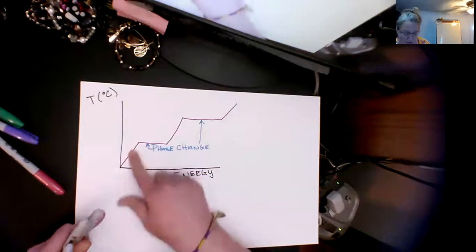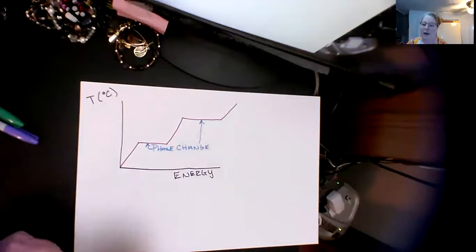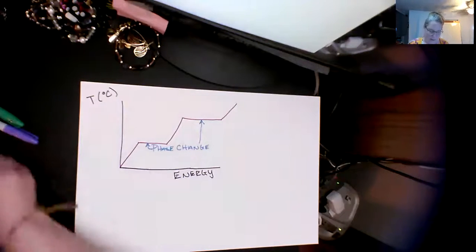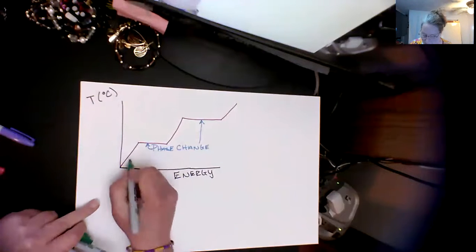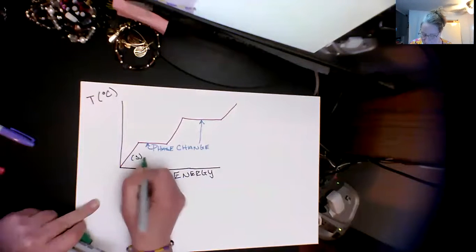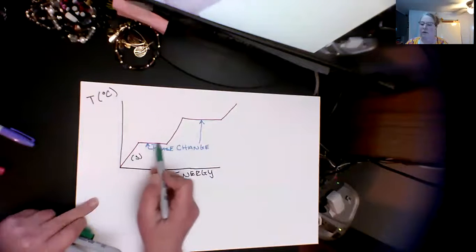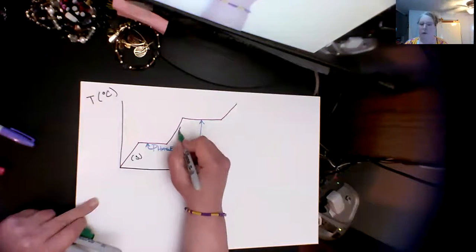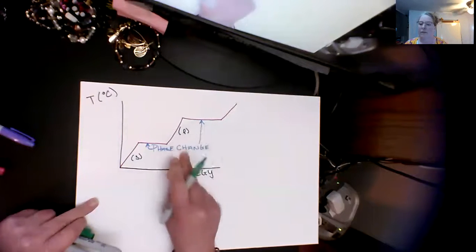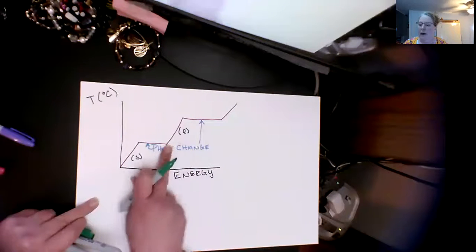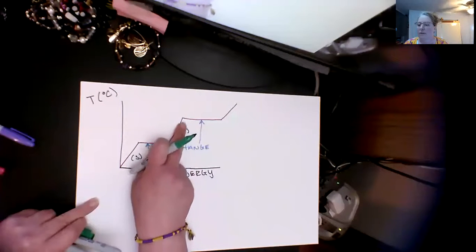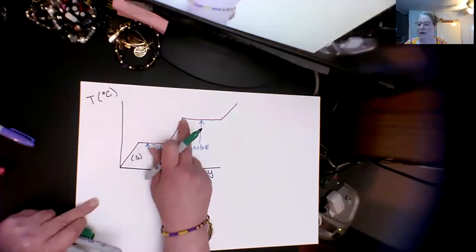This area here would be when I have something that is a solid. I need another color. So this is going to be my solid phase. This is going to be my transition from my solid to my liquid. So here is my liquid phase. And then I'm adding energy, increasing temperature until I get here.